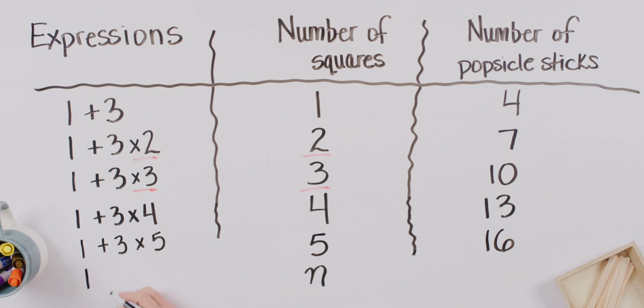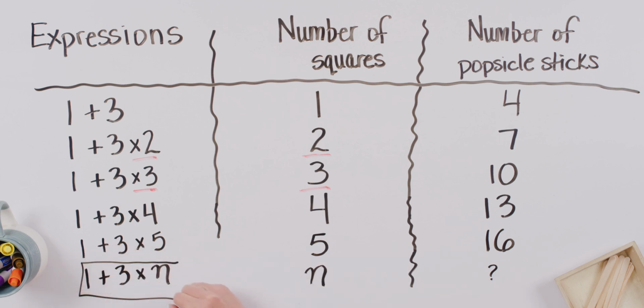We would have our 1 and our 3, but we don't know how many squares, so we would multiply that by our n. Do we know how many popsicle sticks we would use? No, we don't, because we don't know what n is. So that would still be a question mark unless we knew what n was. So you can see by using algebraic expressions, it will help us find these unknown numbers.